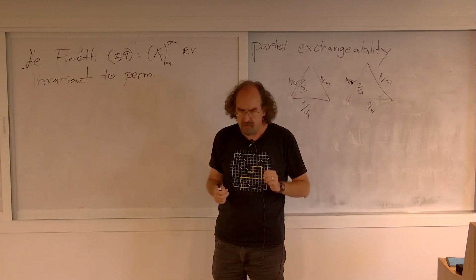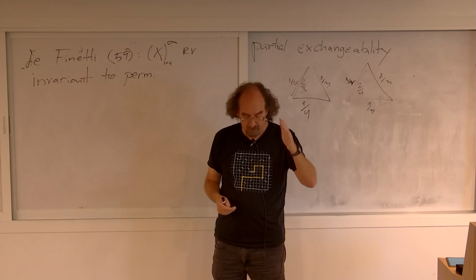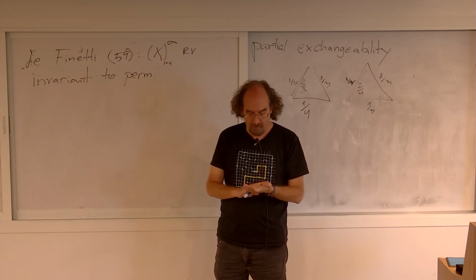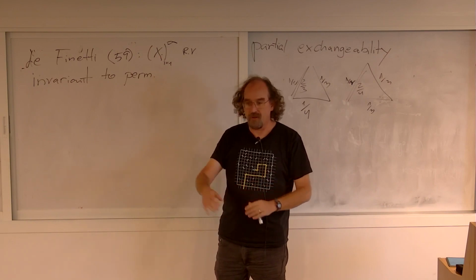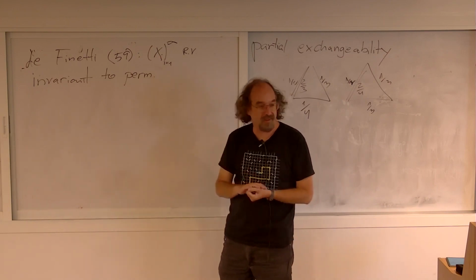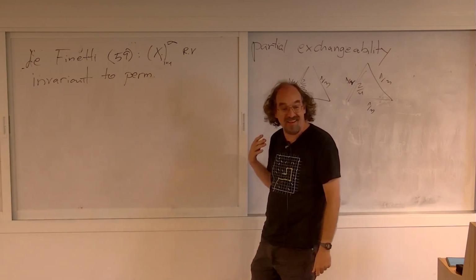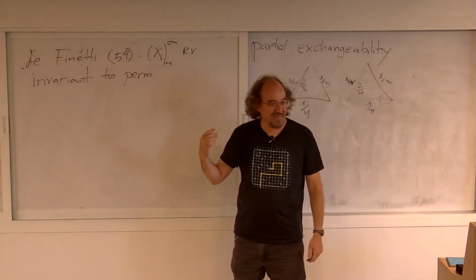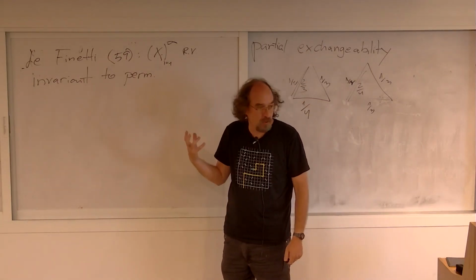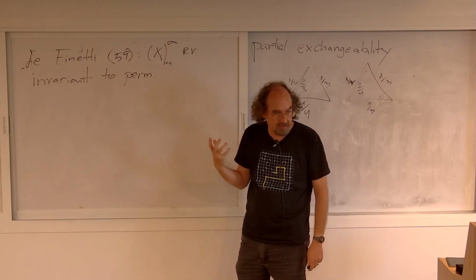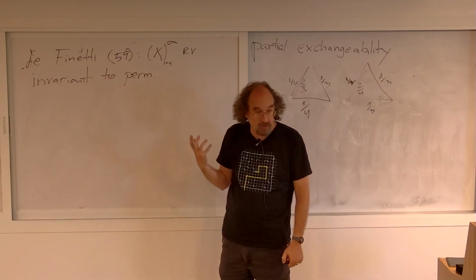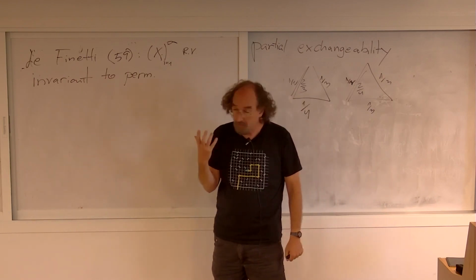First of all, you take a big coin, you throw it, and you see if it comes tails or heads. If it comes tails, you take IID 1/3. If it comes heads, you take IID 2/3. And you look at this distribution that you get. Of course, this is also invariant to permutations.